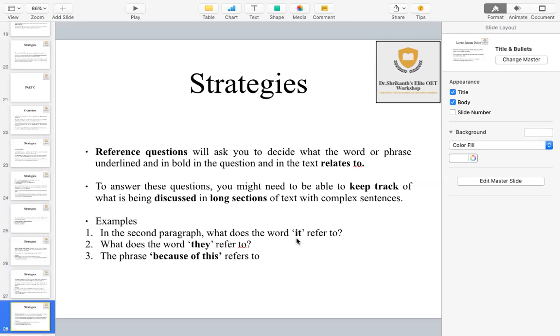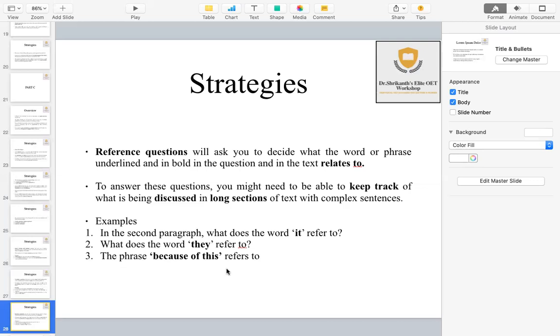All right, and likewise the word "they" as well. Even with the word "they", the reference precedes it in the specific paragraph. It comes before it. All right. So before the word "they" comes, you have to figure out what exactly it is, and then find out what exactly "they" or "it" means. Again, what "because of this" refers to.